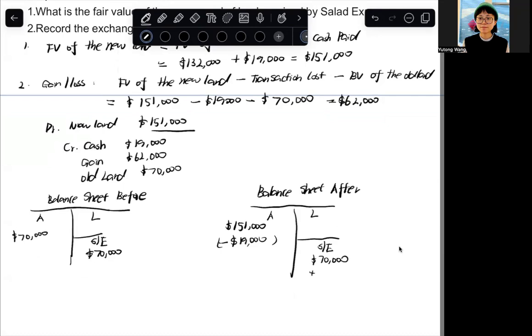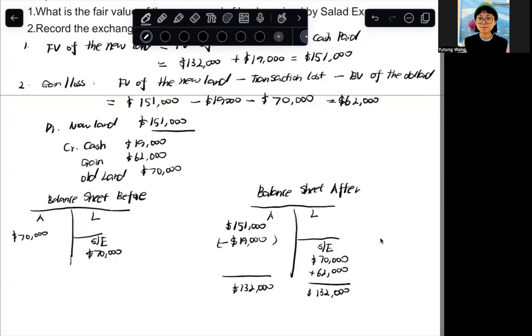So let's plug in the gain here. So you can see the balance sheet is balanced. Okay. And that's how the balance changes because of this transaction.